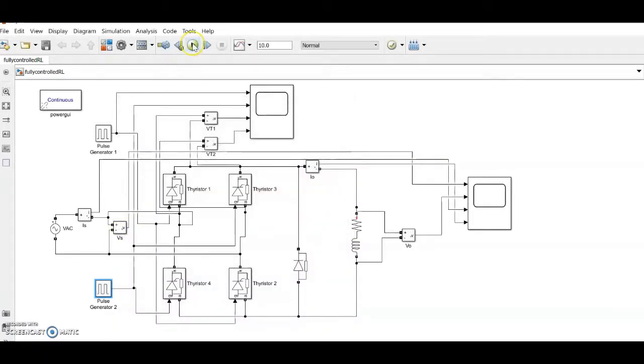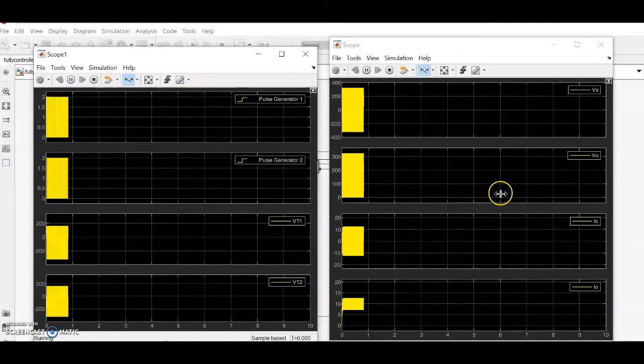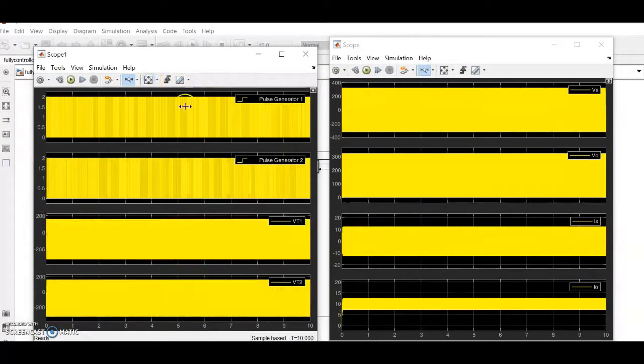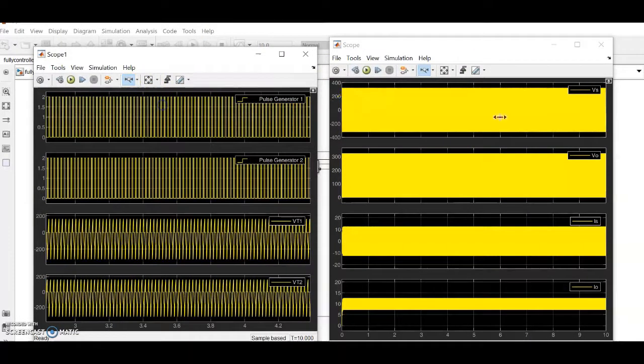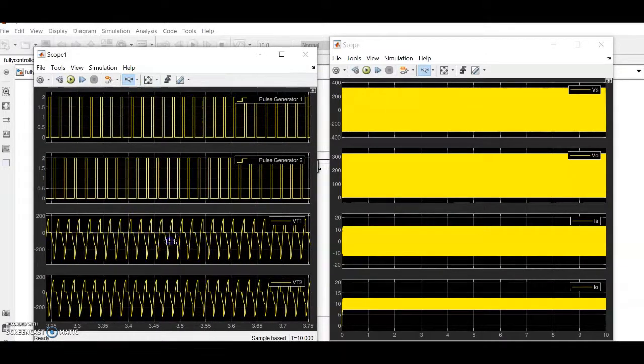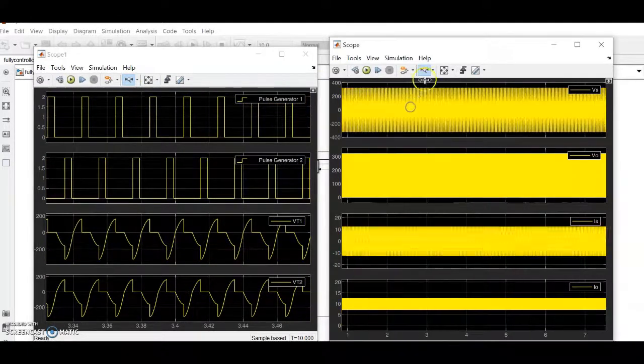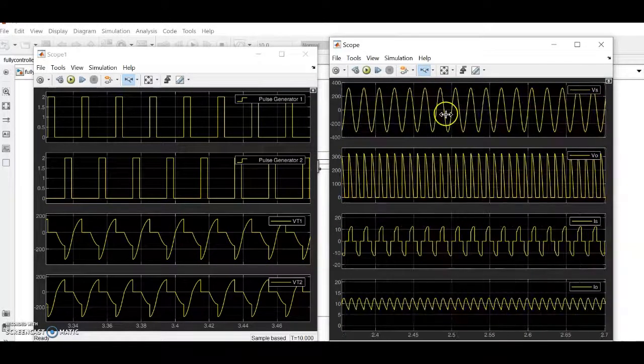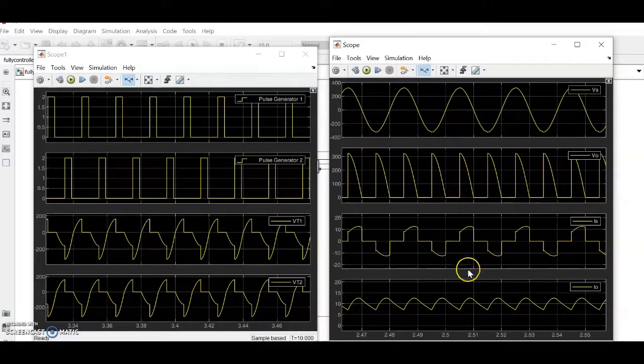Let us apply it and see the waveforms. It's 90°. It is the alpha value 90°.